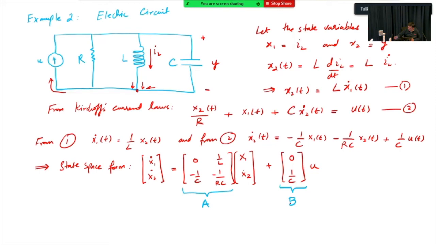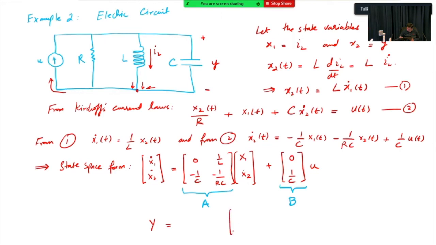And remember, there's another equation, which is y, and y here is simply x2. So let's write it down in vector form.